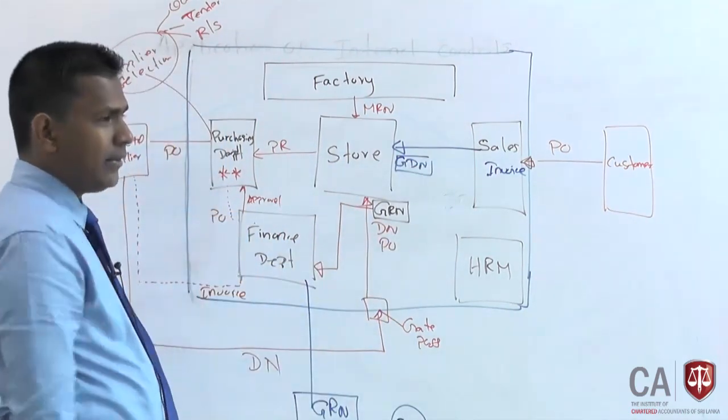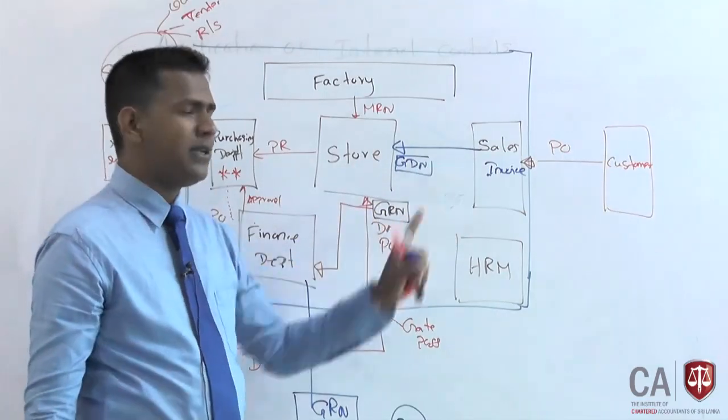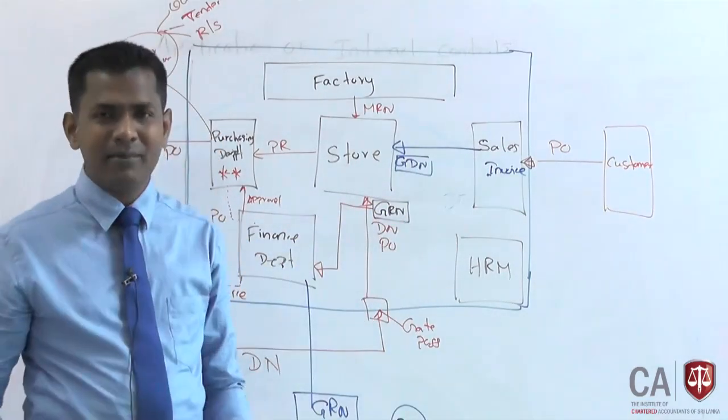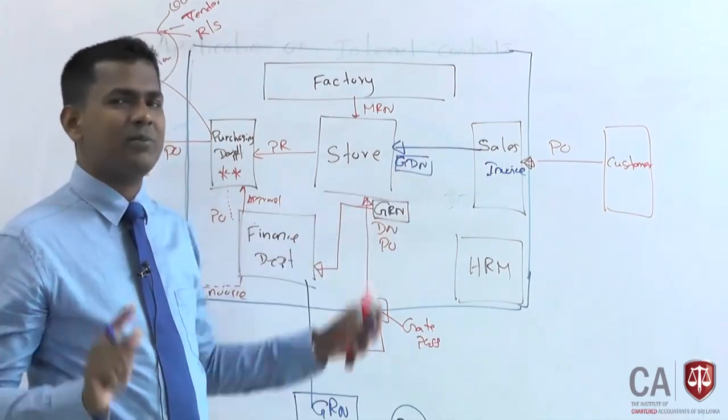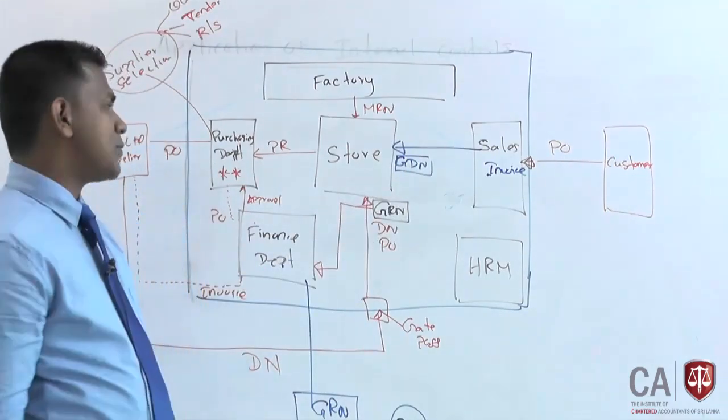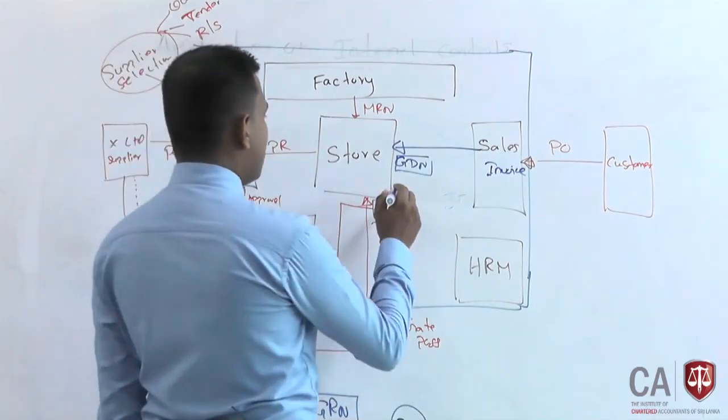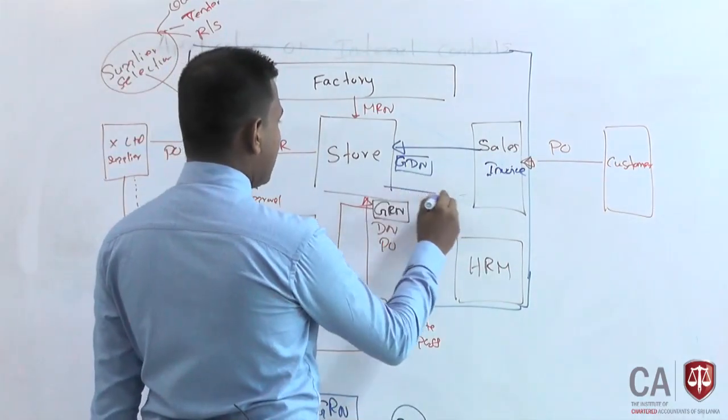It can be raised in the store or in the marketing department, it doesn't matter, and it may be called by a different name, but the goods dispatch note should be raised.